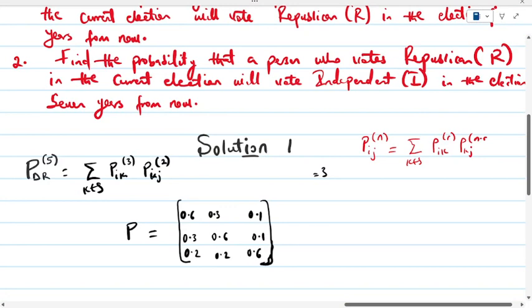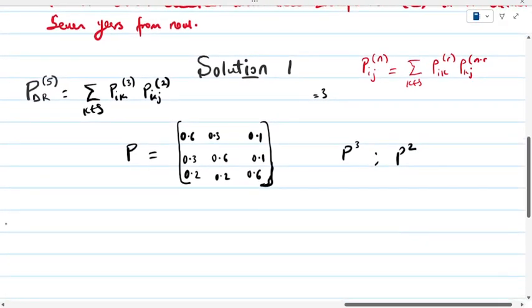What I need now is P raised to power 3 and also P raised to power 2. P raised to power 3 is the cube of our transition matrix P.